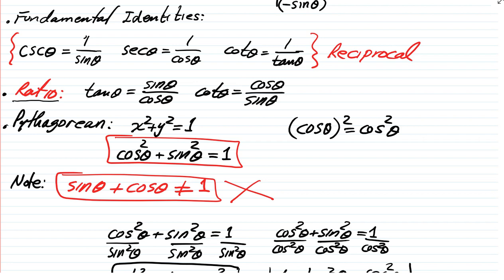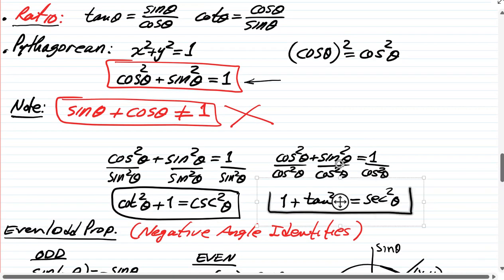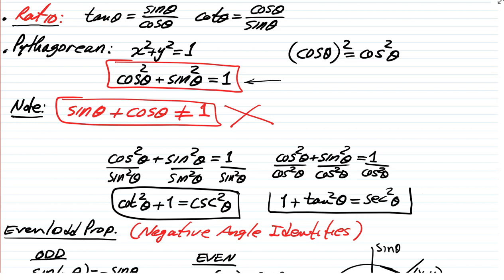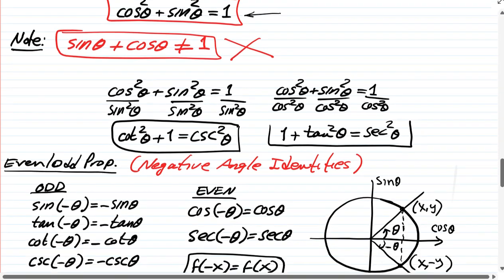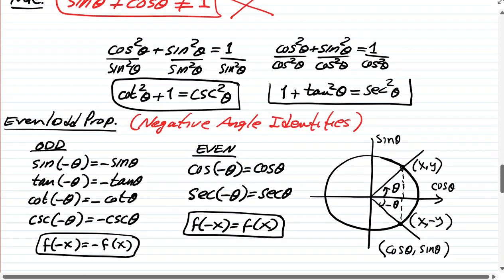And we have, again, the all-purpose Pythagorean identity here. And we have the byproducts of the Pythagorean identity, those that involve secant and cosecant. And then we have about 6 of these, the negative angle identities.